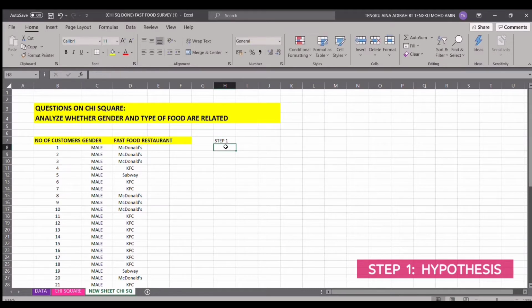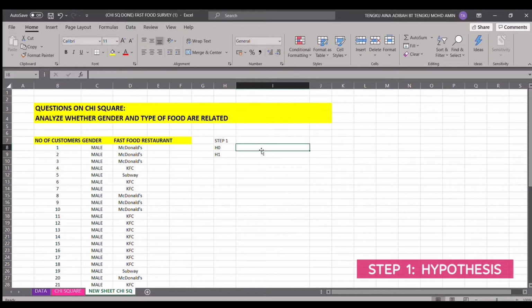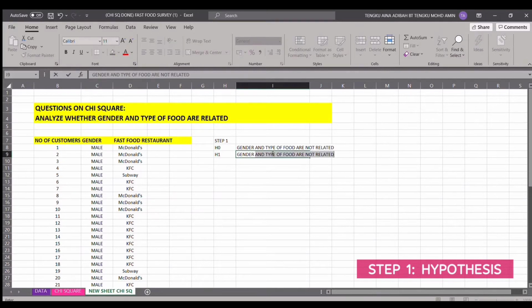type in the hypothesis. In this method, the hypothesis consists of two, which are H0 and H1. So the H0 hypothesis is gender and type of food are not related. The H1 hypothesis is gender and type of food are related.